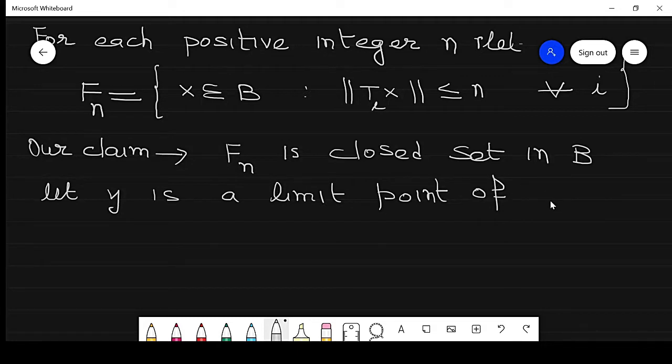Suppose Y is a limit point of Fn. To prove closed, Y should belong to Fn.